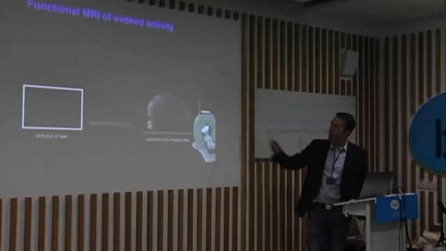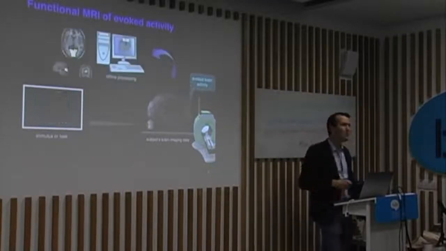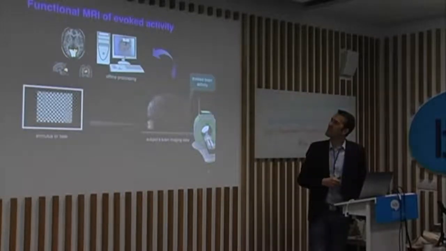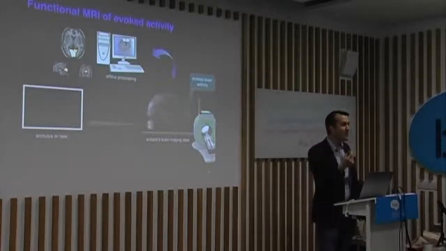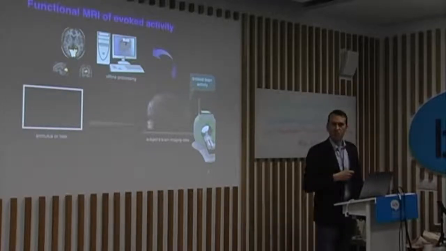And so you acquire these snapshots of the brain, and the stimulus will evoke activity, and once you have acquired all the data, you will go into offline processing, which involves a lot of tricks and statistics to give you a map of where in the brain you have evidence that something is happening in terms of brain activity related to the stimulus or task.